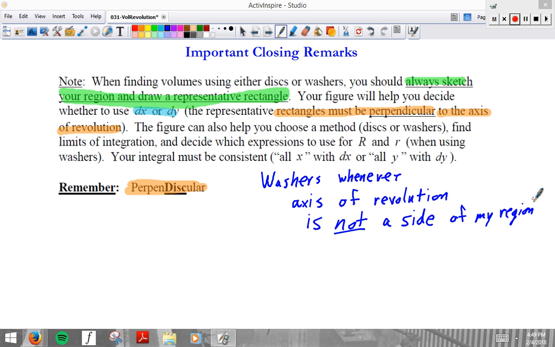Meaning the reverse is true. You'll use disks only when, the disk method.